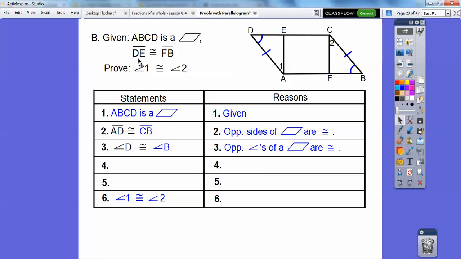Let's throw this next given down right here, and then mark the figure. Notice I marked it, so DE is congruent to FB. And then we can say by side, angle, side, the triangles are congruent, then CPCTC. Piece of cake.